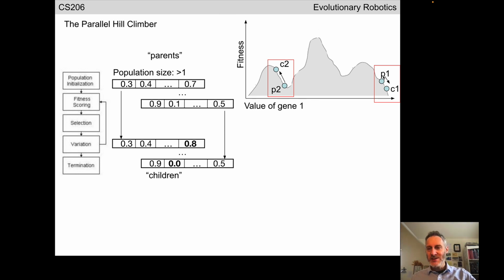Again, I've kind of cooked this example over here to show that the parallel hill climber still doesn't perform great because it's still searching locally. In this case, you'll notice that this particular parent 1 and its offspring are eventually going to get stuck on this local optimum. And parent 2 and its offspring are eventually going to get stuck at this optimum.